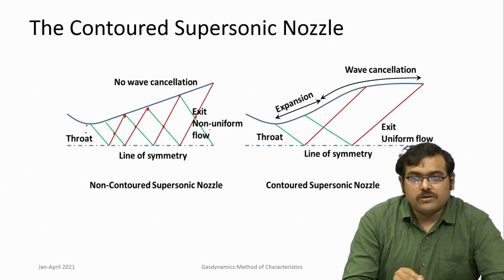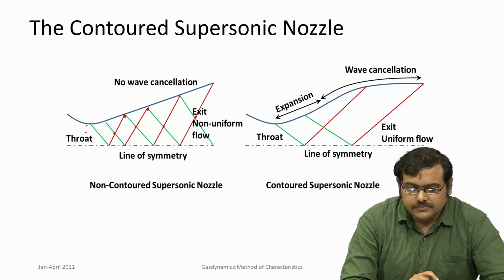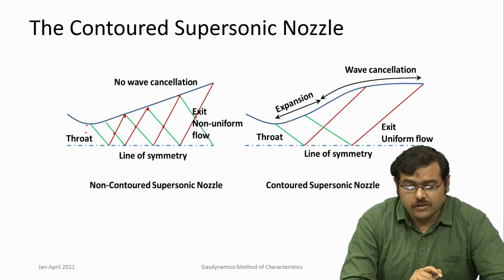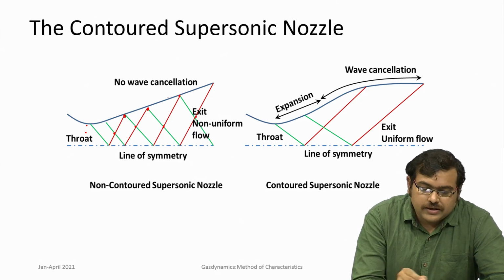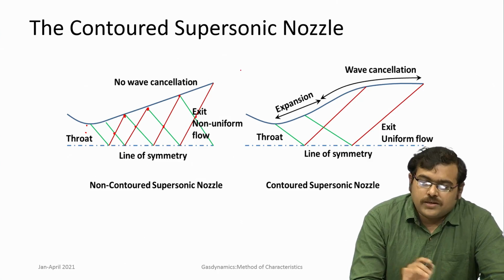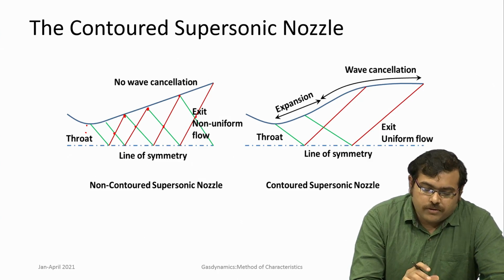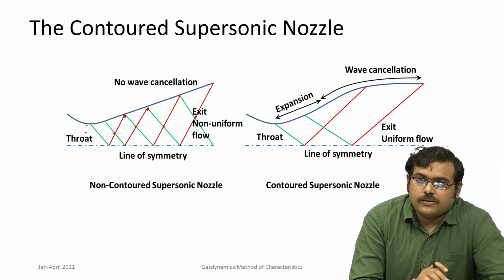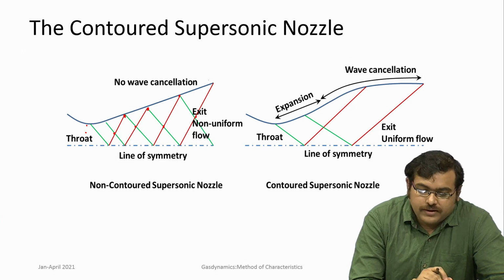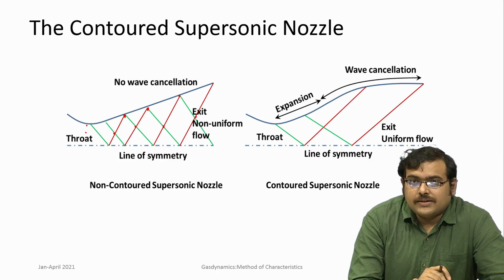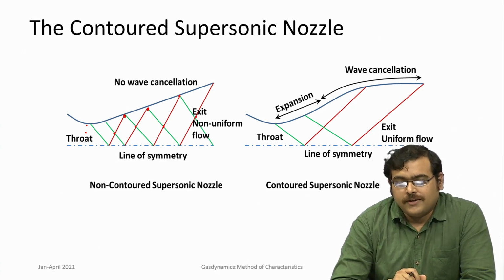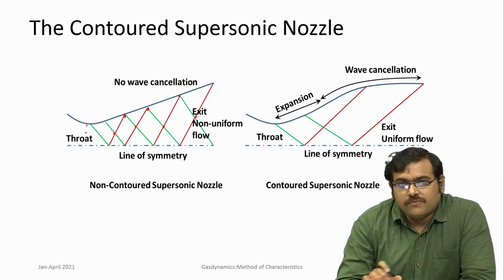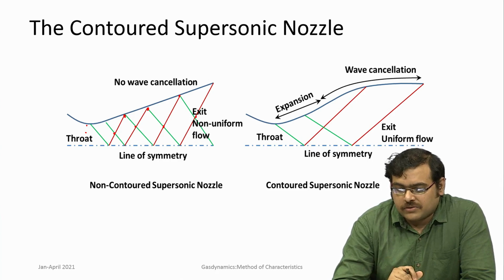Then non-uniform flows should not be applied. If you take just a conical or a wedge shaped nozzle, it will always give a non-uniform flow, because now we can understand what is happening to the flow field within the nozzle. So, then we look at how we can design such nozzles so that we always get uniform flow at the exit of the nozzle.